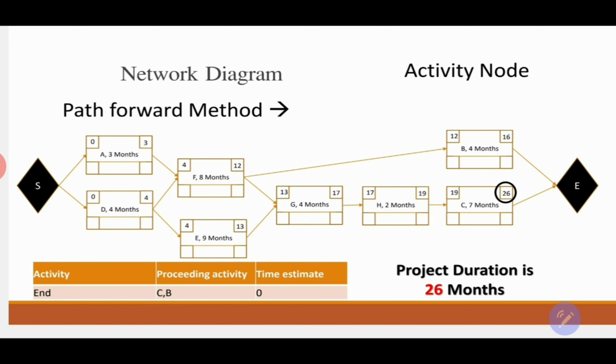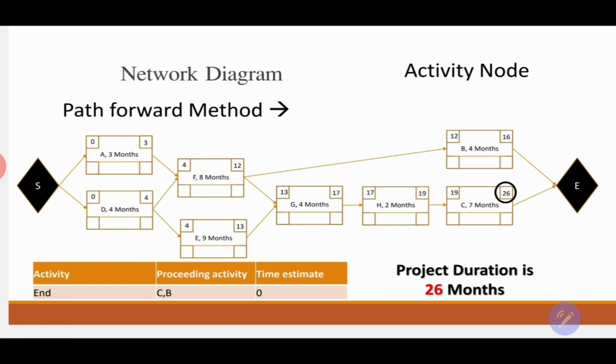Last thing we need to do is to complete the milestone, which is the end, and we will see that we have only 2 preceding activities of the milestone end, which is activity C and B. And if you completed, now the network diagram is completed using the path forward method.